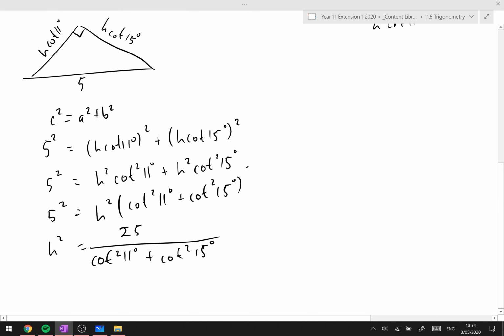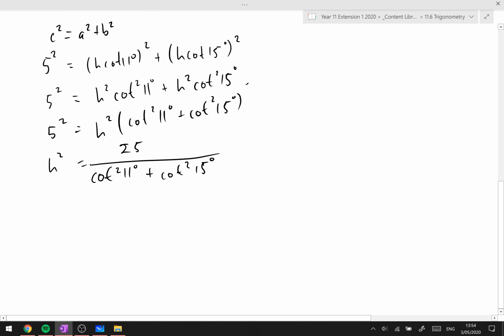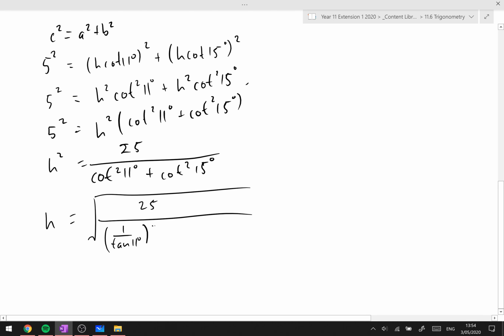Now, to put this into your calculator, we've got h squared, so h is equal to the square root of this. But to put cot into your calculator, remember, cot is the same as the inverse of tan.